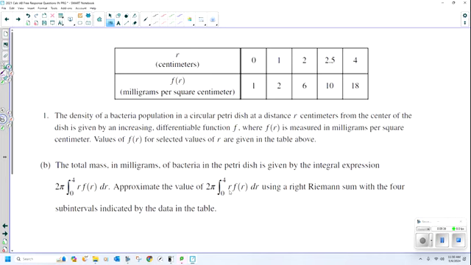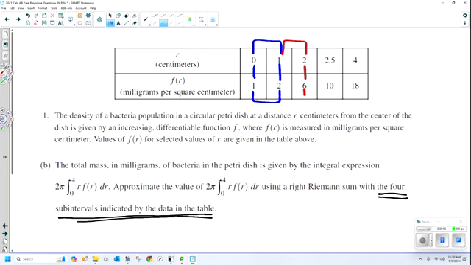First of all, let's start. We are using the 4 subintervals indicated in the table, which means the first one goes from 0 to 1. I like to actually make the rectangles. It's a good visual. The next one goes from 1 to 2. This has a width of 1. The first one also has a width of 1. We'll put our widths up here.